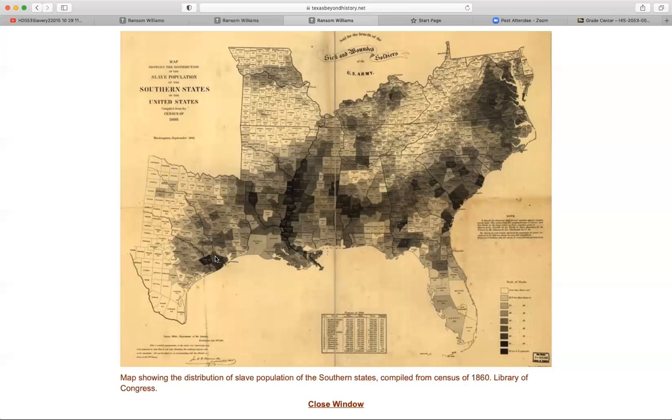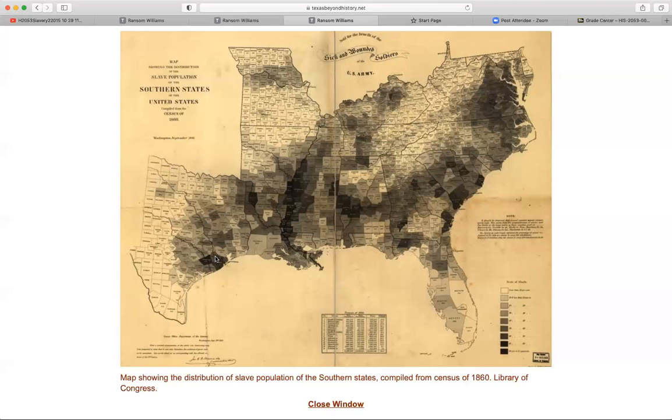So when I say that 25 or 30% of white Texans own slaves, you would probably have to even double that when you think about the number of Texans that had access to slave labor via renting slaves. And again, this horrible reality that slaves were property. So I'll say 25% of Texans own slaves, only 2% of white Texans own more than 20 slaves.